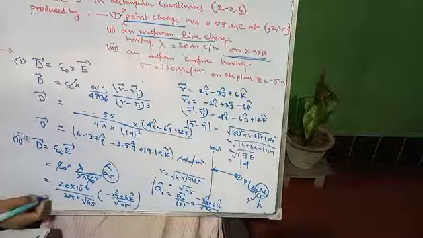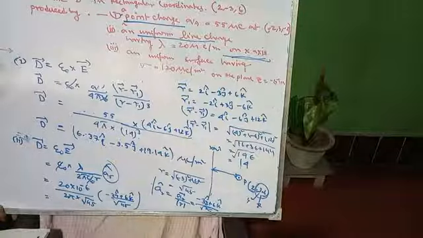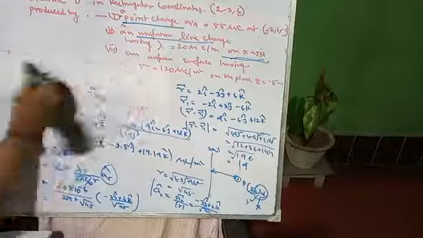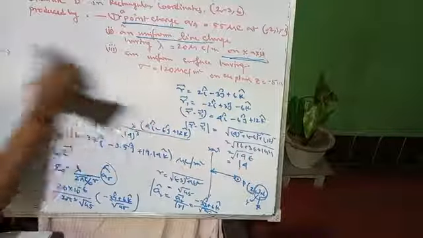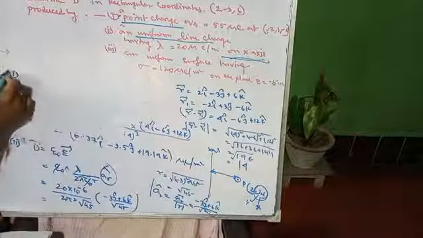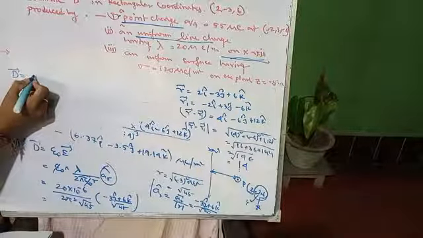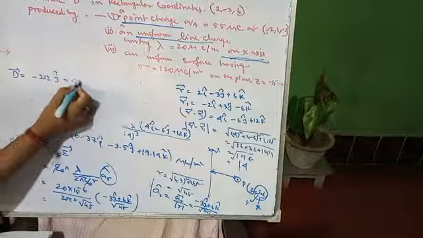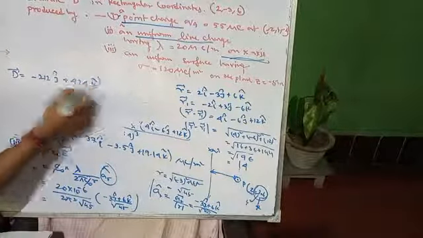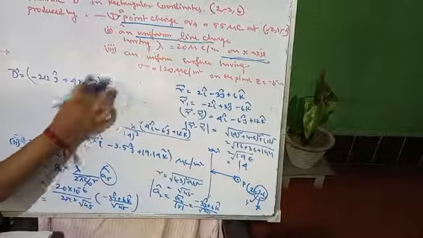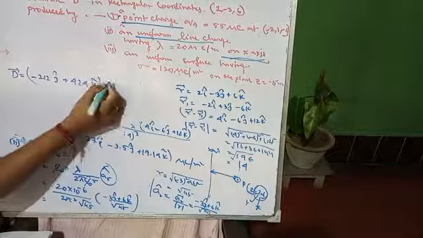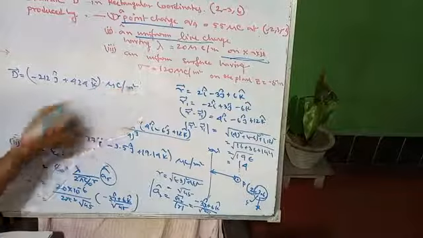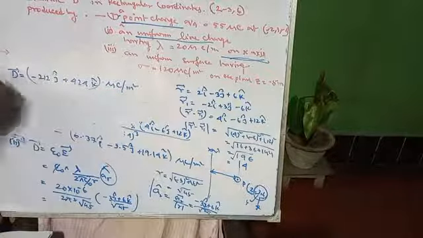After calculating, you get the ultimate answer for D. For the second part, your D vector equals minus 212 j cap plus 424 k cap, and the unit is 10 to the power minus 6, that means by ignoring 10 to the minus 6, it will be microcoulomb per meter square. So that is your D answer for the second case.